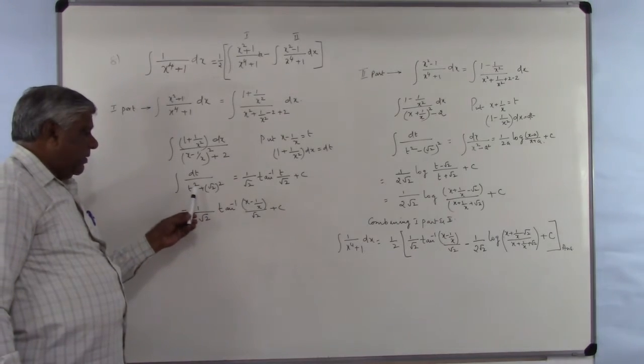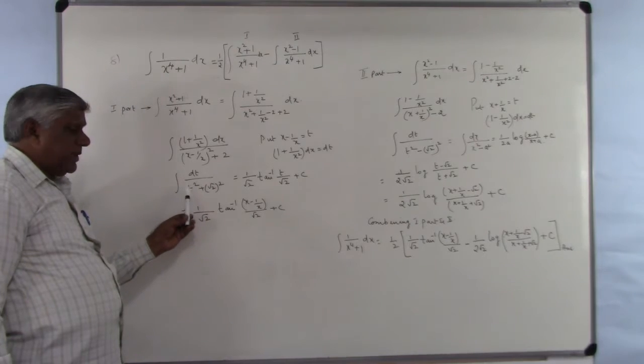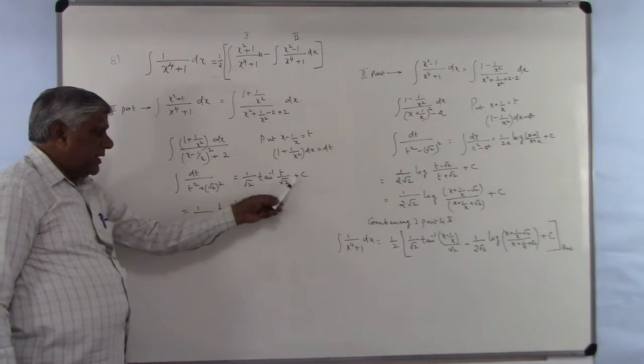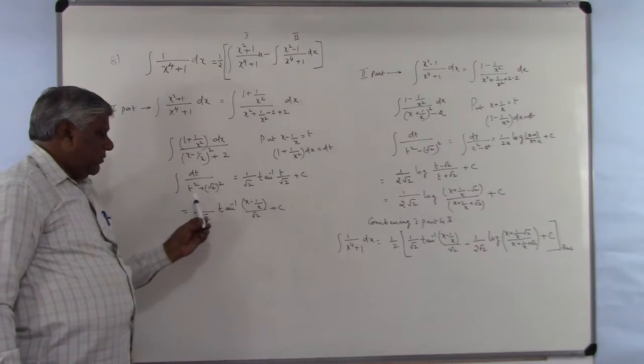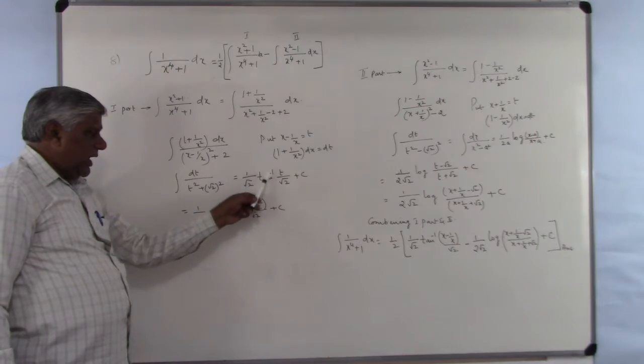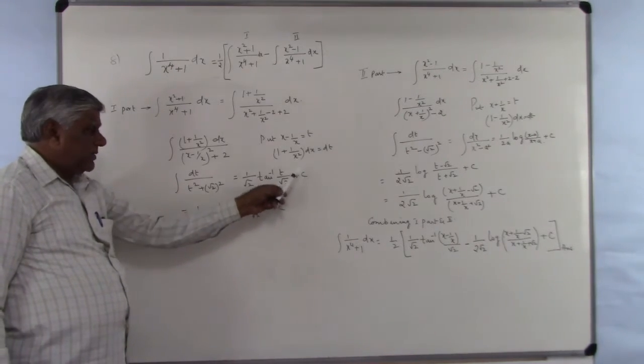This is in the form, as we have already seen, integral dt by a square plus x square is nothing but 1 over a tan inverse x by a plus c. Here, what is a? It is root 2. So 1 over root 2 tan inverse t divided by root 2 plus c.